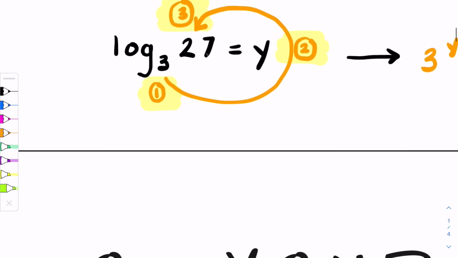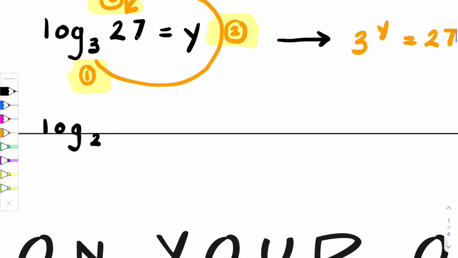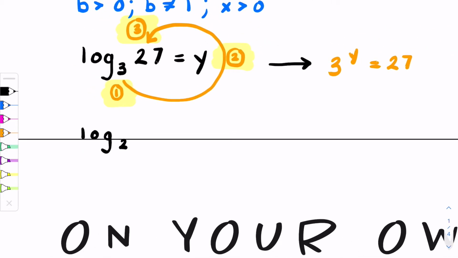If I was to do another one, just really quick, and then we do have some examples to go through, but if I was to give you log base 2 of 8 is equal to 3, and I draw this circle right around here.